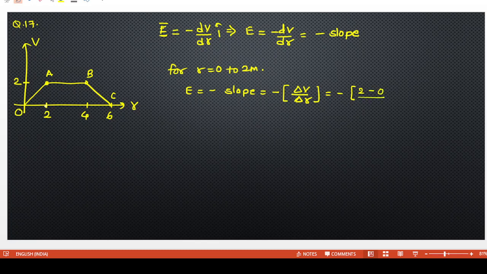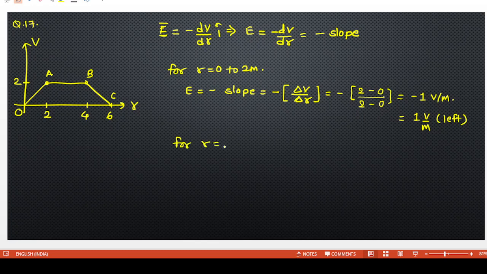What is final x? 2, minus what is initial x? 0. So what will be the answer? Minus 1 volt per meter, means 1 volt per meter leftward. What will be the direction of electric field in this region? It will be 1 volt per meter and leftward.